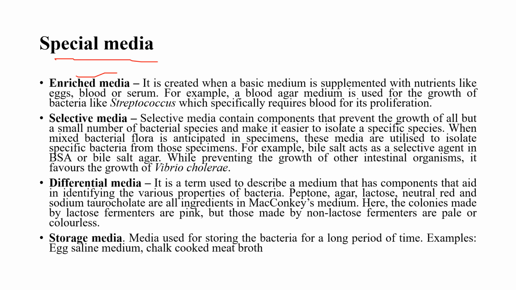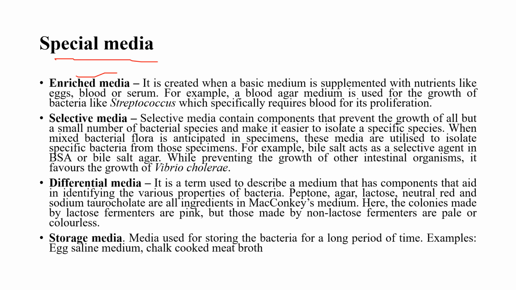In this medium, when we add some additives such as blood, egg yolk, serum, this medium will become an enriched medium. Enriched media are those which are required by some fastidious organisms for their growth, such as Streptococcus. Streptococcus requires blood for its proliferation.